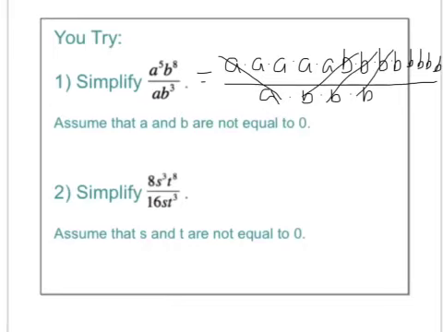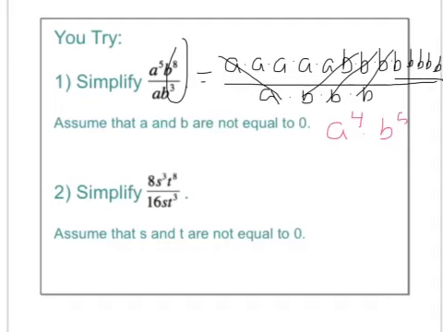Isn't that the same thing as just taking 8 and subtracting 3 from it to get b to the 5th? Because that's how many b's are left over. So we're going to write out the answer a to the 4th times b to the 5th, because all of our letters are in the top.